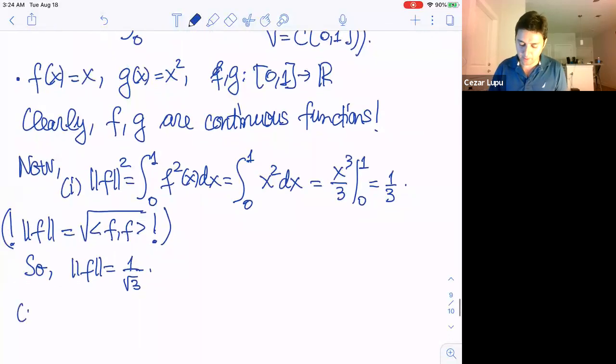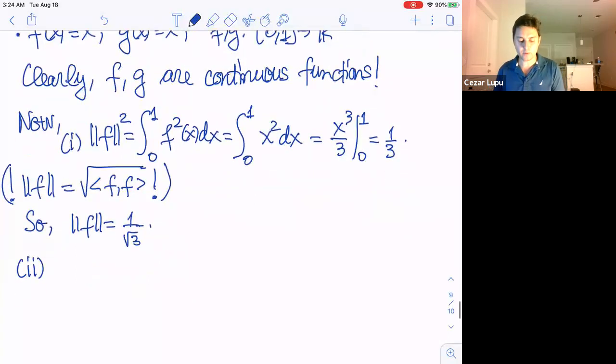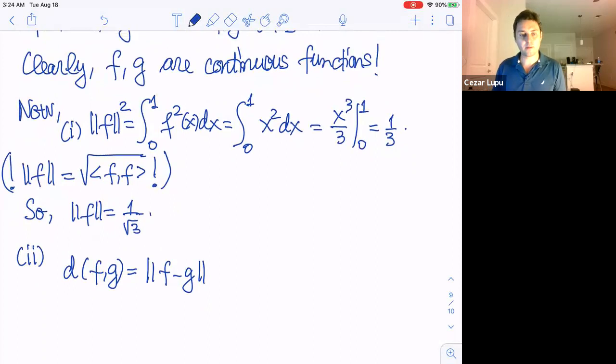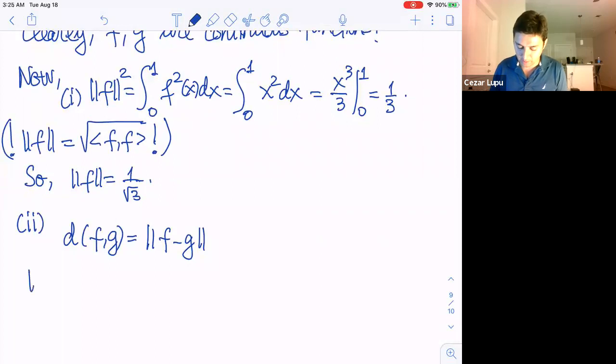Now the second part, keep in mind that we need to find the distance between two functions. I'm going back to the definition. The distance between f and g was the norm, or the length, of f minus g. Just like I did with the norm of f, this time I'm going to compute the square of the distance.